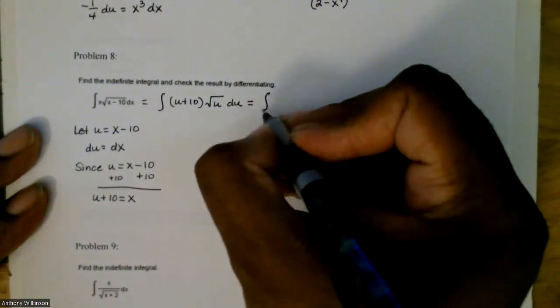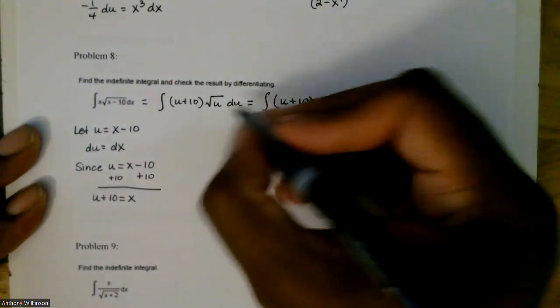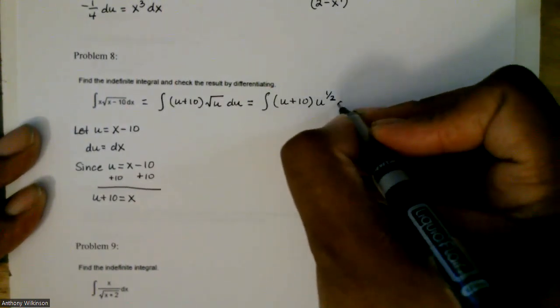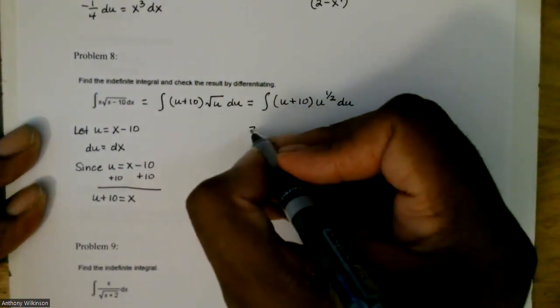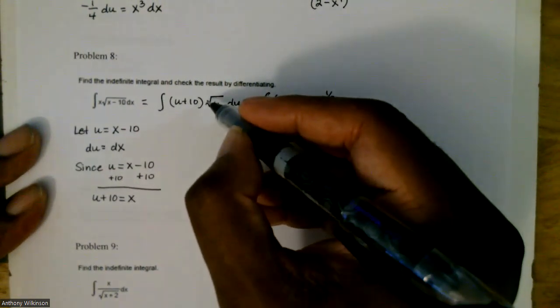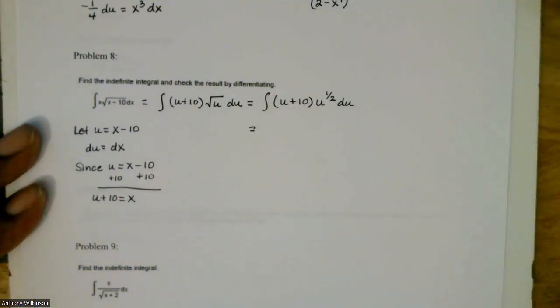So I have the integral of u plus 10 times the square root of u, which is u to the 1/2, du. Because the exponent for the u is the understood 1, the square root, that's your 2, that's your denominator.